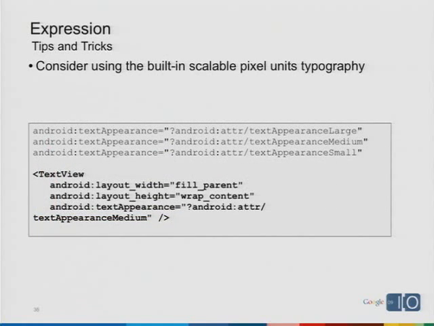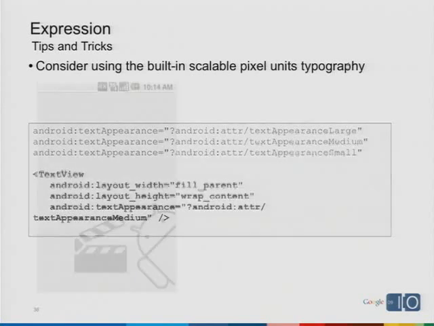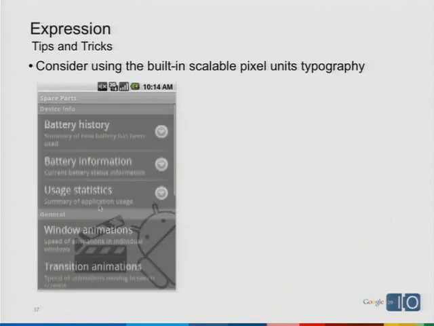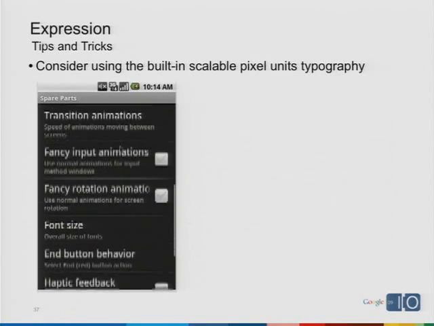Another thing that you should keep in mind in terms of expression is we've built in the use of scalable pixel units typography. And what that means is if you call large, medium, or small text appearance, this will give you the primary and secondary string colors and sizes that we use in the system framework. For example, if I look at Spare Parts, this is an application that's available on the market.